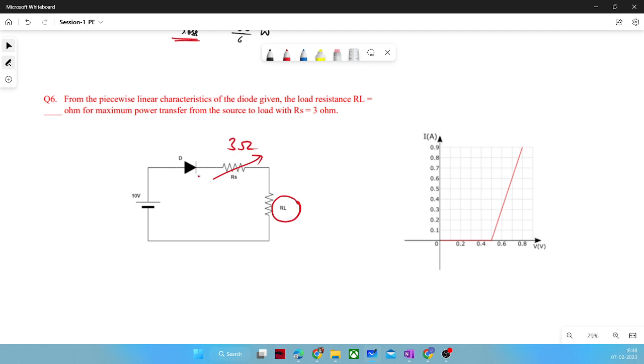So since it is a diode, we can model a diode with a forward blocking voltage, that is VF, and dynamic resistance, that is RD. We can replace this diode with this circuit. I hope you agree.